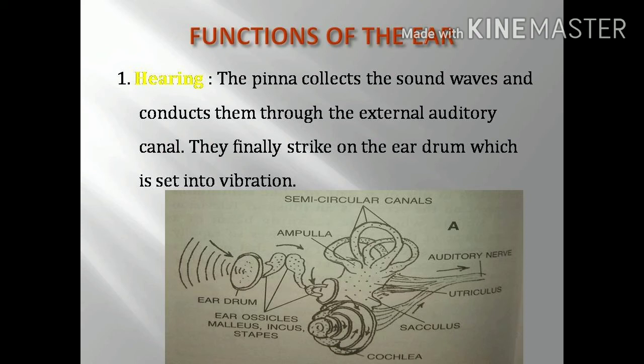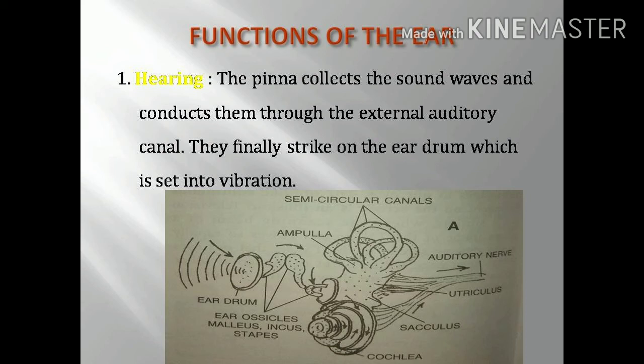When the sound waves strike the eardrum, it undergoes vibration. That vibration is then passed to the ear ossicles. First, that vibration is transmitted to the malleus bone. Then when the malleus bone vibrates, that vibration is transferred to the incus bone. The incus bone vibrates, and that vibration is then transmitted to the stapes.